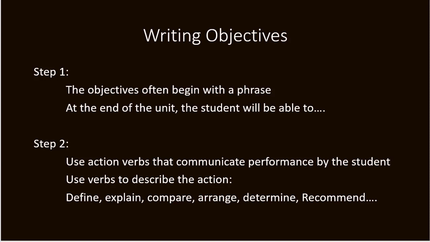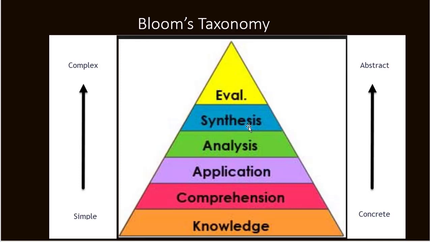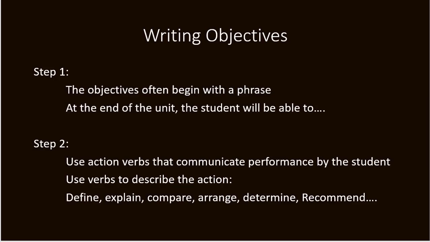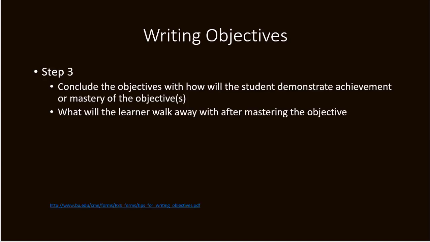And that action, whether we are at the basic level, the knowledge, or the evaluation, each one has to show action. More than that, it also has to be something that the student can measure, and the student will know when he or she achieved or mastered the objective. It also has to be measurable and observable.